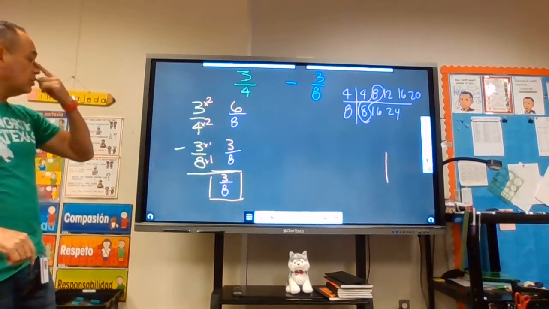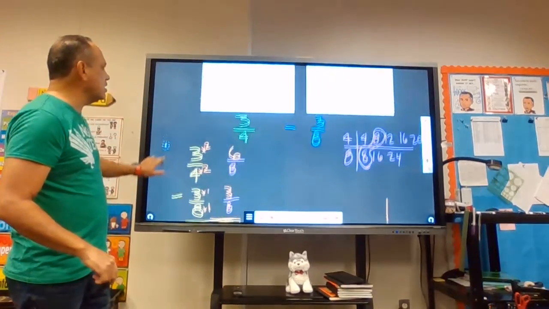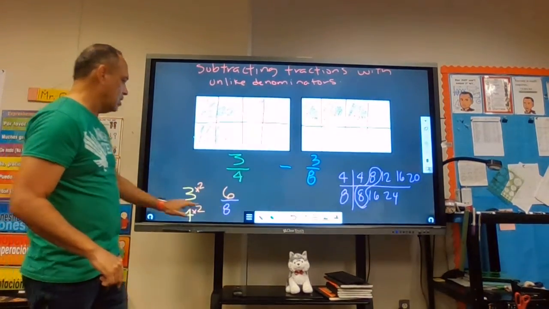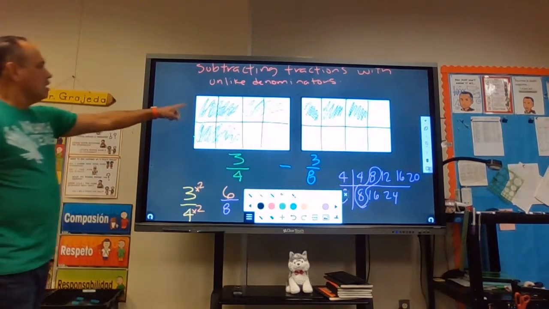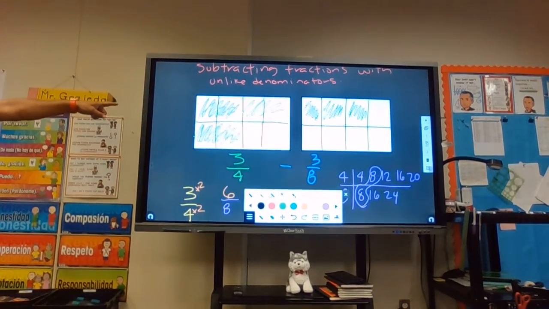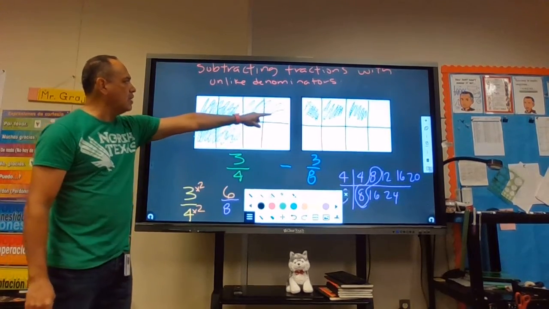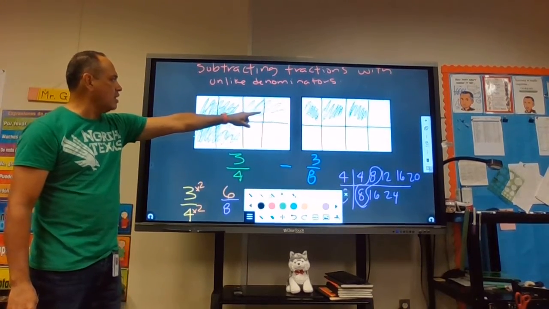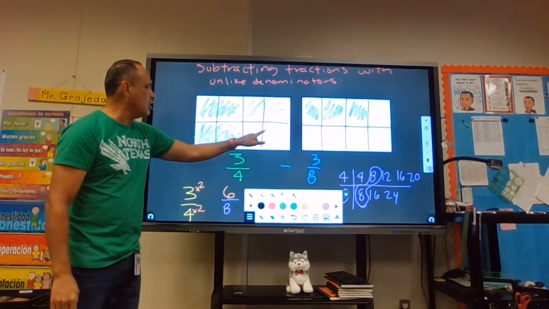So let's go back to our model and see what happened here. All right, so I can see here that we had 3/4 to begin with. I know I cut it into 8. But now we ate those 3, right? Now this is what we have left. This is what is gone.